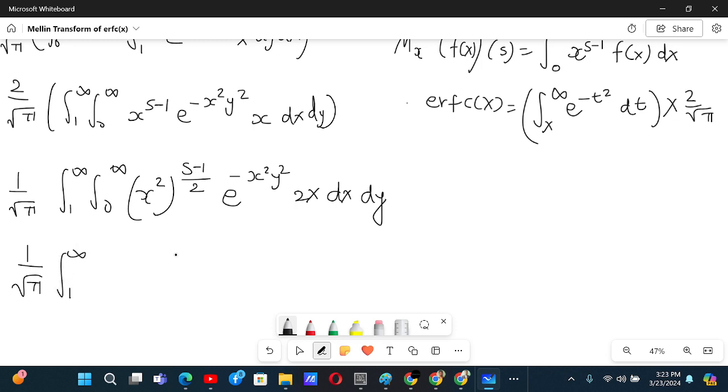So we have now gamma of, what is the formula? Okay, gamma of this plus 1. So s minus 1 by 2 plus 1, by y square to the power this plus 1, that means s plus 1 by 2. Yeah. And then dy. I think I'm correct.